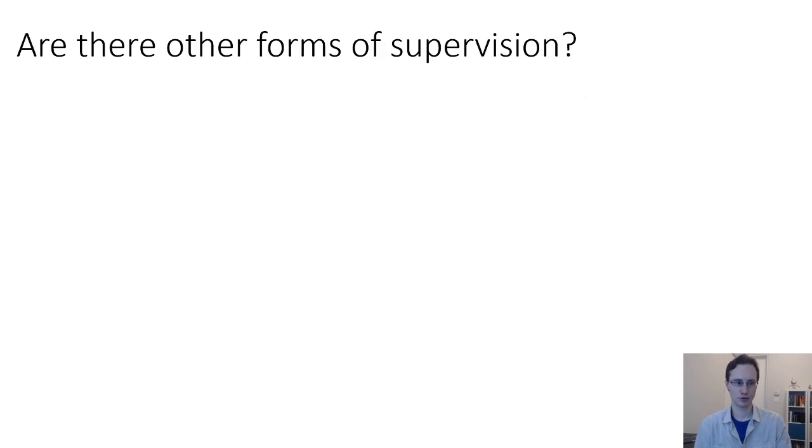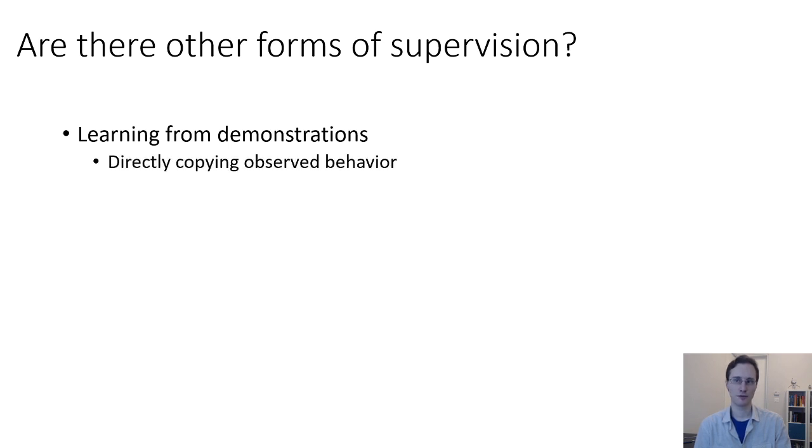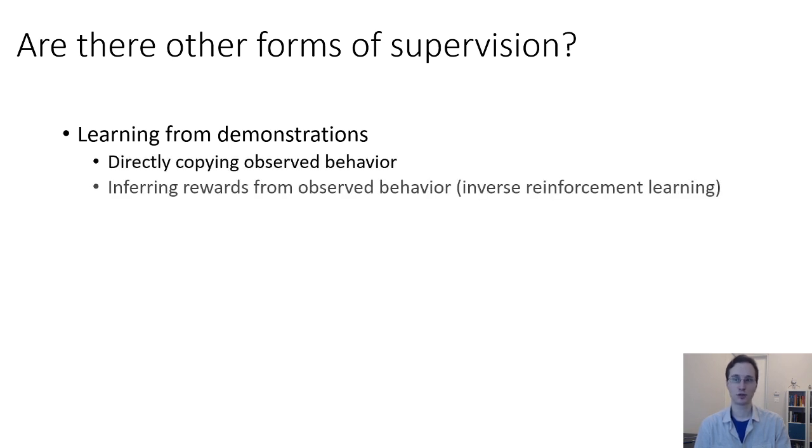So are there other forms of supervision besides these very sparse, very occasional rewards? Well, you could imagine acquiring some representation of behavior from demonstrations, either by directly copying the behavior that you observed, or by inferring from that behavior a more detailed reward function, which is called inverse reinforcement learning. So perhaps the cheetah saw an older, more experienced cheetah chasing down a gazelle and figured out from watching that there are some rewarding behaviors that can happen down the line.